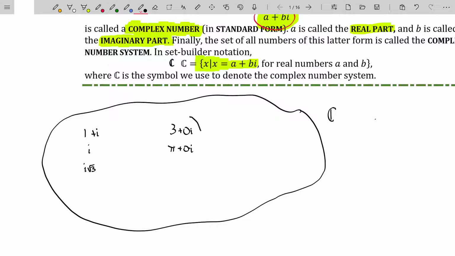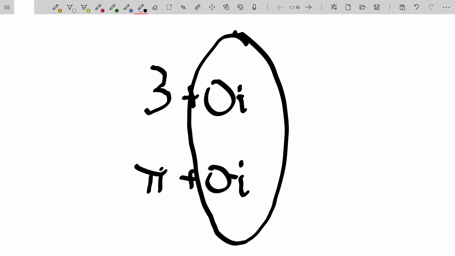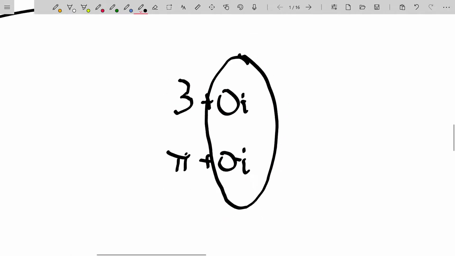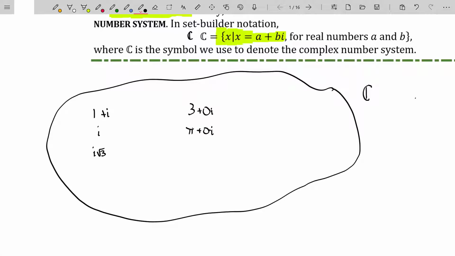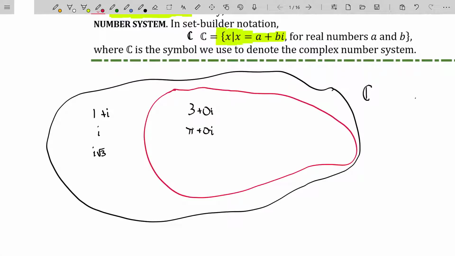Notice there's not an imaginary part because we've muted out the imaginary part on those numbers, so those are just real numbers. So it turns out the real number system is contained within the complex number system.